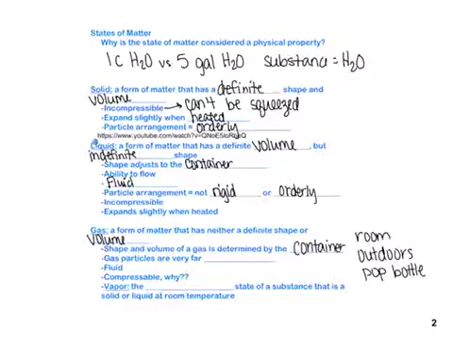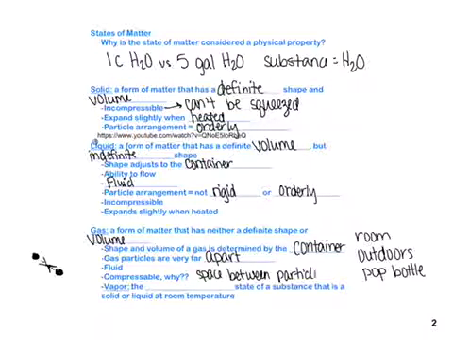So the word container has a pretty broad definition in this sense. The gas particles are very far apart, and so they are able to move. This distance between one gas particle and another allows these particles to be forced together or compressed. So the extra space between particles allows the gases to be compressed.